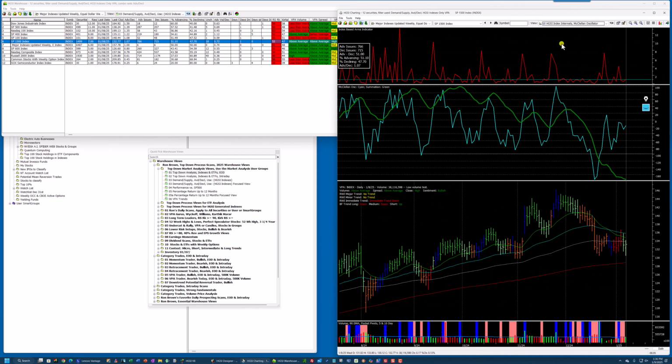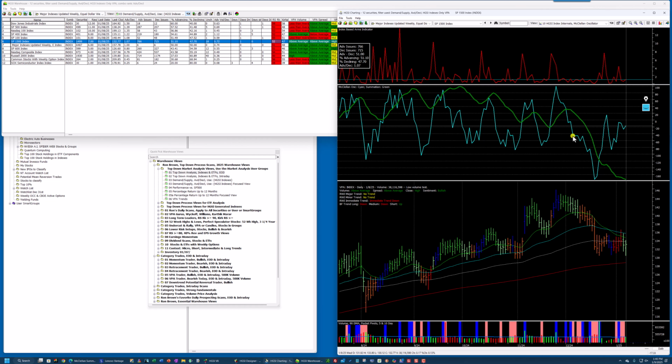Now the McClellan index is here. It shows over 19 periods an index of the advancing versus declining issues. The summation index is showing a downward bias right now, even though the McClellan oscillator over the last 19 days has turned up, kind of been all over the place.